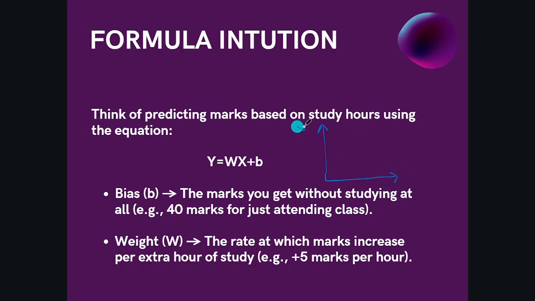So this is the y-axis, that is the output, marks obtained. We will just shorten it as m, and we have study hours on the x-axis, and we've got this particular line.